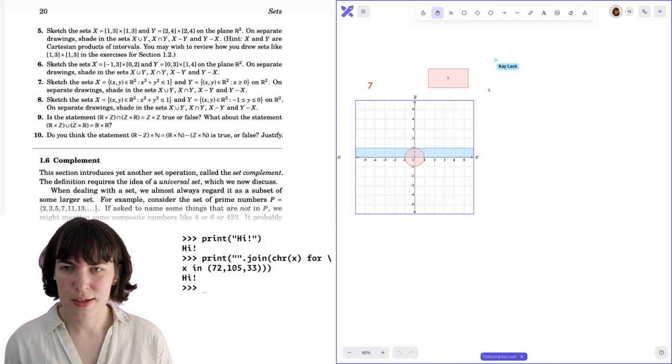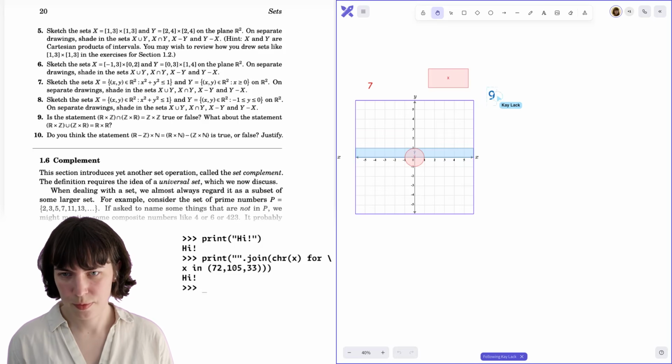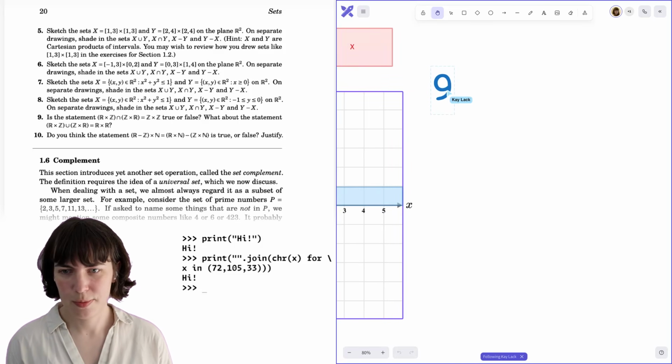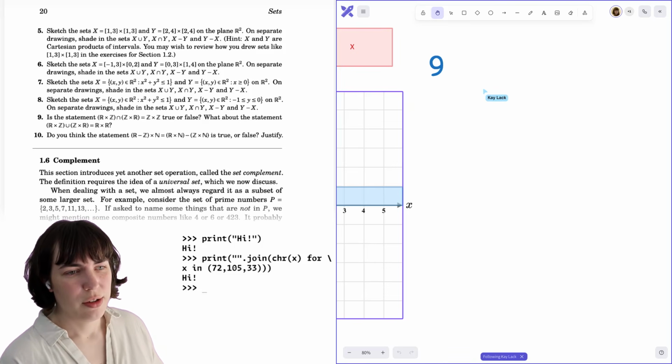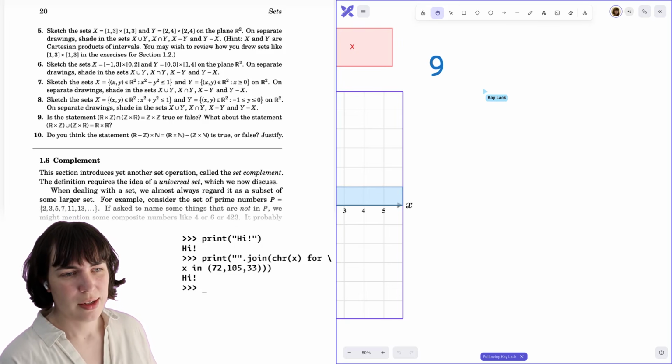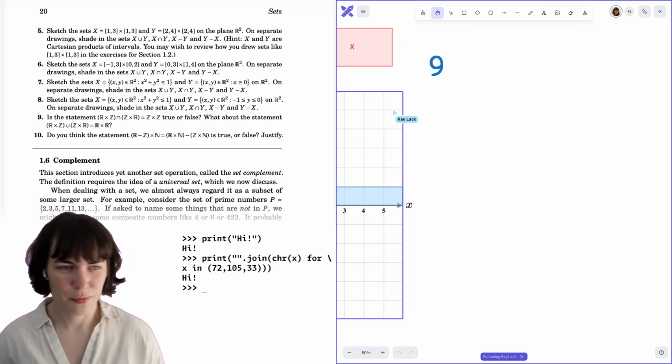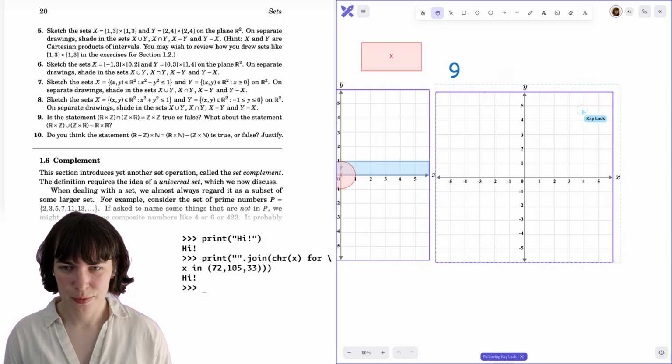Is the statement: the Cartesian product of the real numbers and the integers, intersected with the Cartesian product of the integers and the real numbers, equal to the Cartesian product of the integers and the integers, true or false? Wow, now that is an interesting question, isn't it? Okay, let's try and work that out.